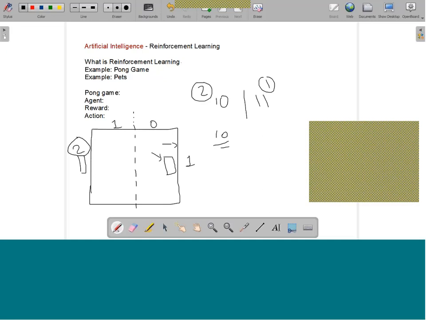So what you are doing here is taking the action according to the points of your opponent. This is the losing point for you and the winning point of your opponent. And your point is the winning point. Your winning point should be increasing and the losing point should be decreasing. So it is comparable. Whenever you are doing the action up and down, according to that you will get the point.